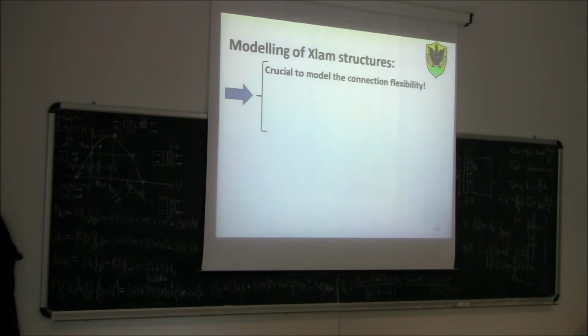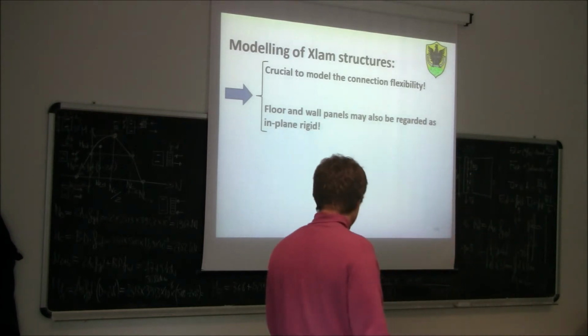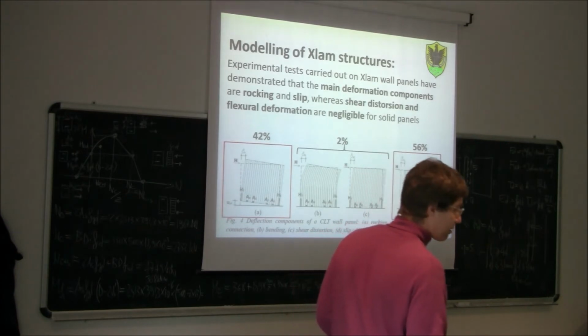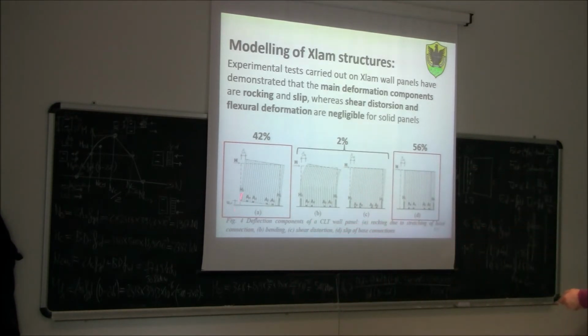This is not what happens in reality. The floor and the wall panels can be considered as in-plane regions. However, it is crucial to model the flexibility of those connections. So we need to introduce springs, usually with SAP2000, to schematize, for example, the hold-down or the angle bracket, in order to take into account the flexibility of those connections.